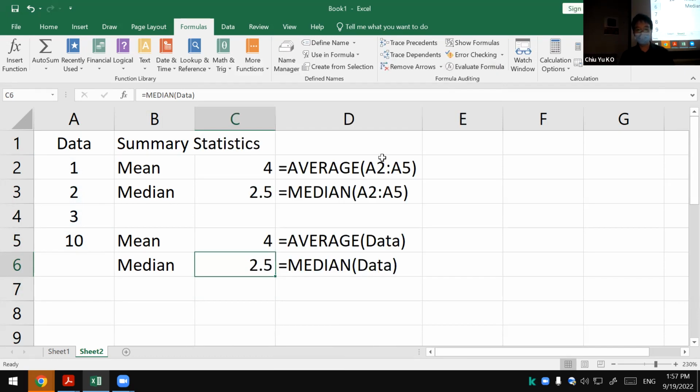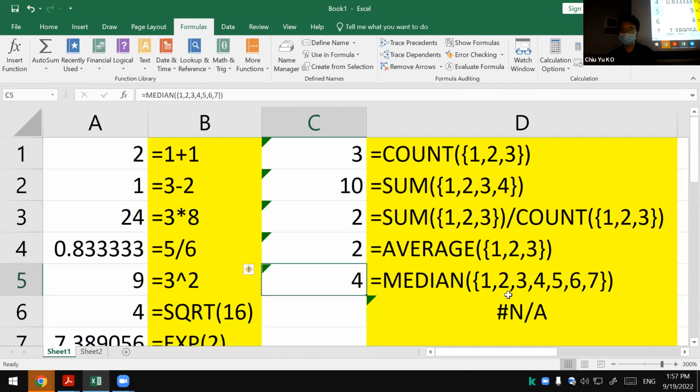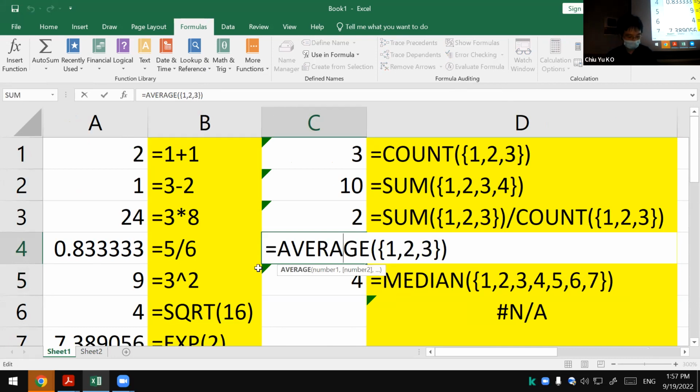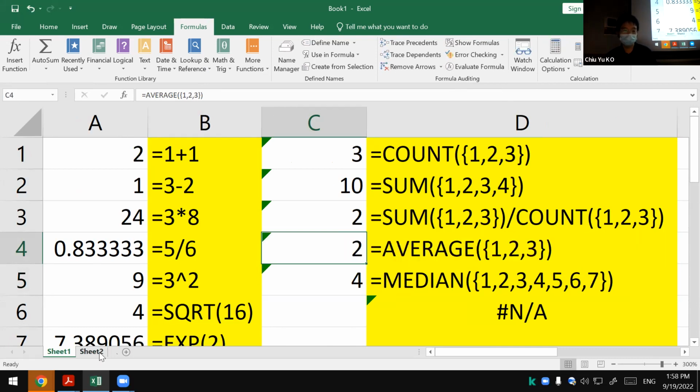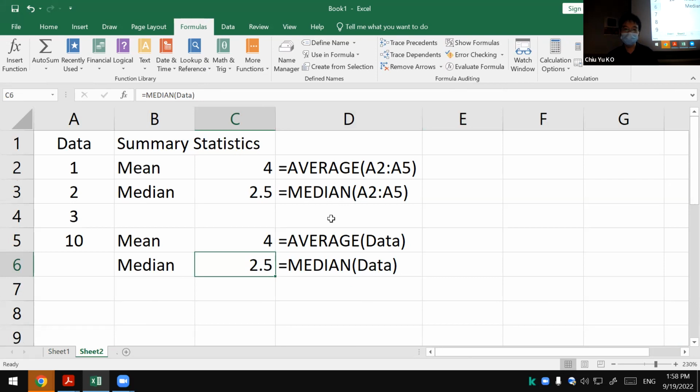So you don't need to let other people worry about reading your formula. At least it's better than this, because here you have to check what this number is, and it's not that easy to see. This is already an improvement, and further improvement can be made by doing this.